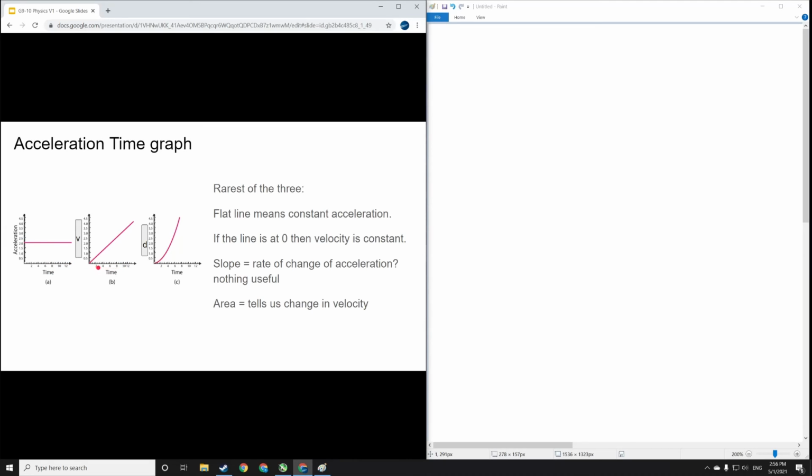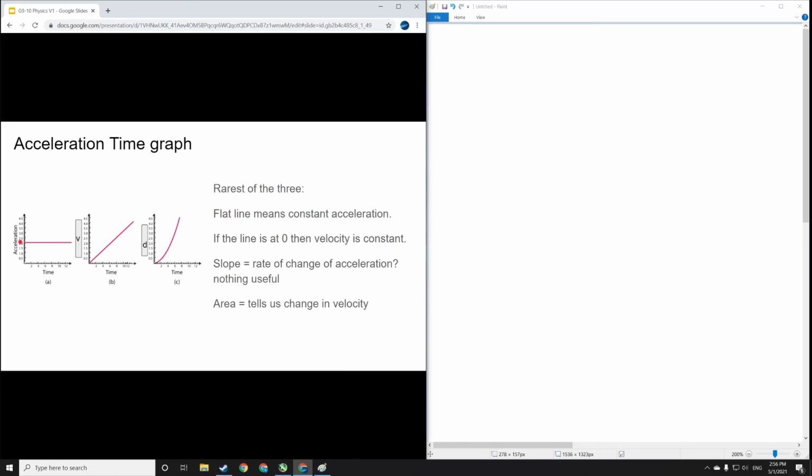Something doesn't quite add up in this graph, but it would basically be, the change in velocity would be 20 meters per second. And so the area under the graph will tell us the change in velocity. This isn't really to scale, this is just to show you the shape of the curve, right?